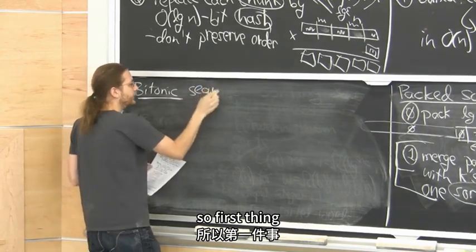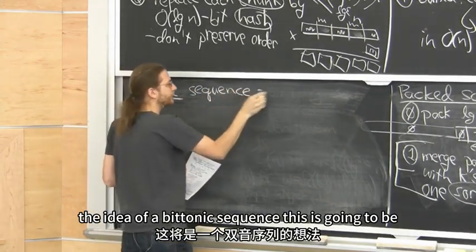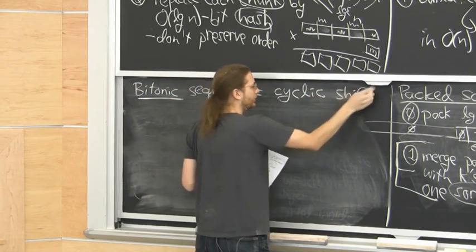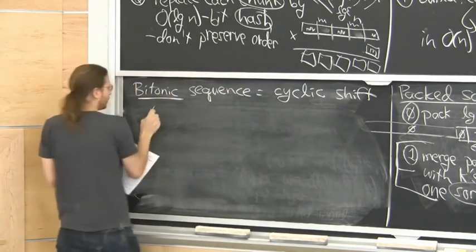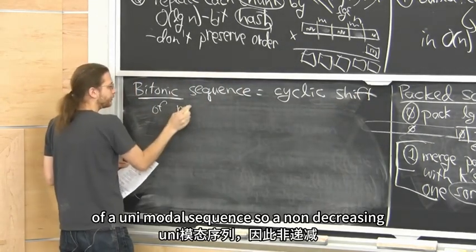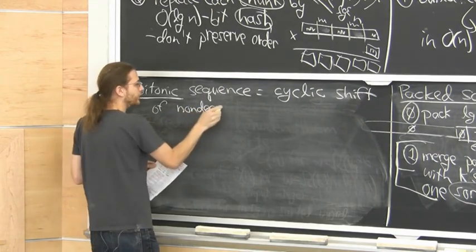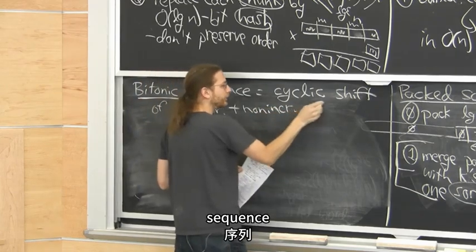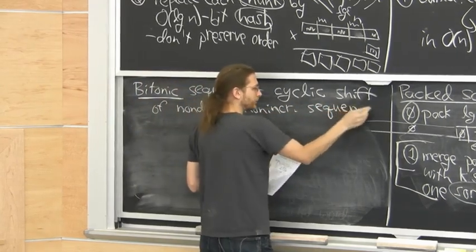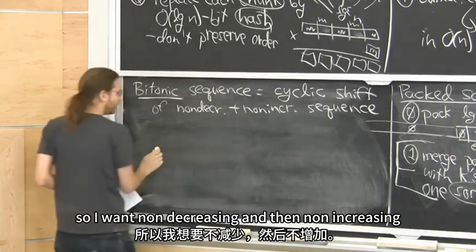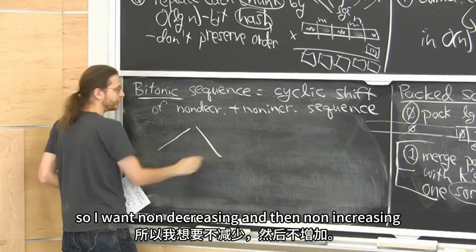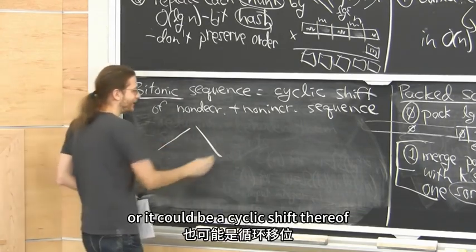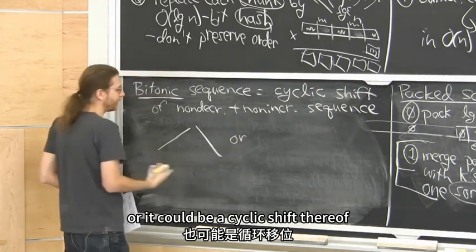So first thing is the idea of a bitonic sequence. This is going to be a cyclic shift of a unimodal sequence. So a non-decreasing plus a non-increasing sequence. So I want non-decreasing and then non-increasing. So this is a bitonic sequence. I think you know what this means. Or it could be a cyclic shift thereof.